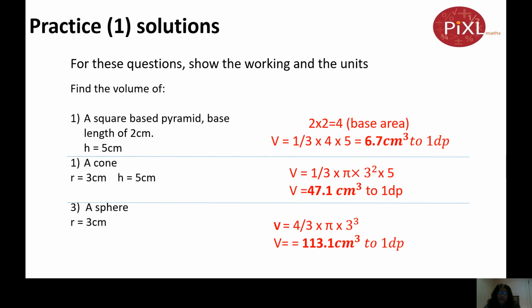I'm sure you're feeling much more confident now about substituting into the formula for the volume of any solid. Once you remember it, then you just substitute.